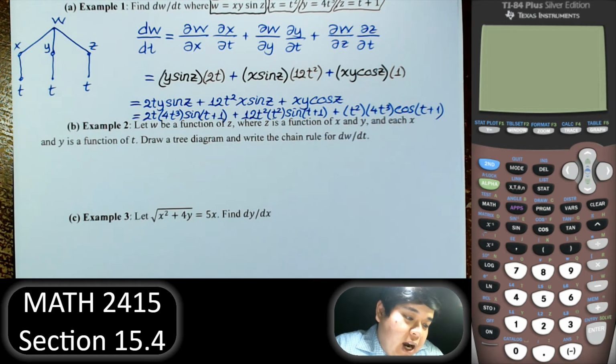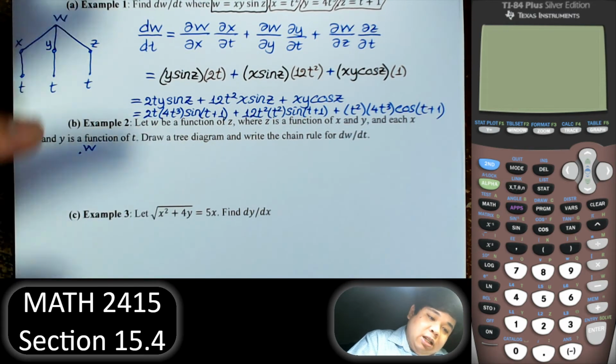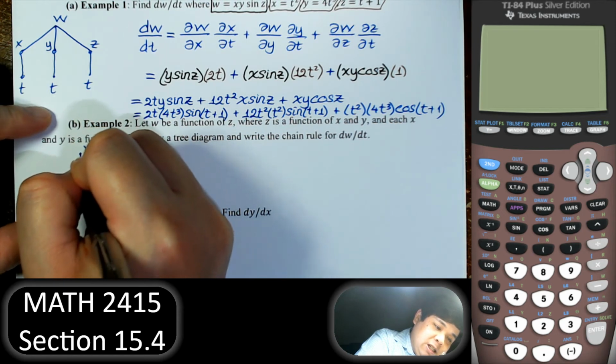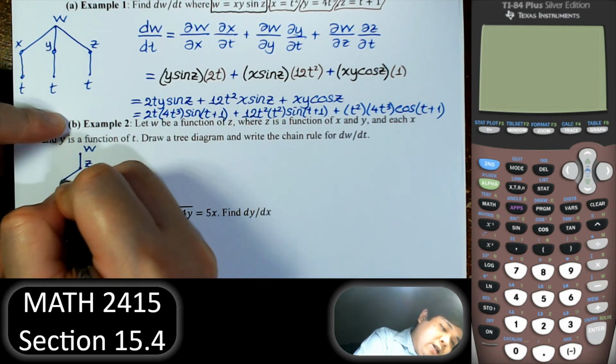Right, next, let w be a function of z, and z be a function of x and y, and each of x and y is a function of t. Right, so start with w is a function of z, and z is a function of x and y.